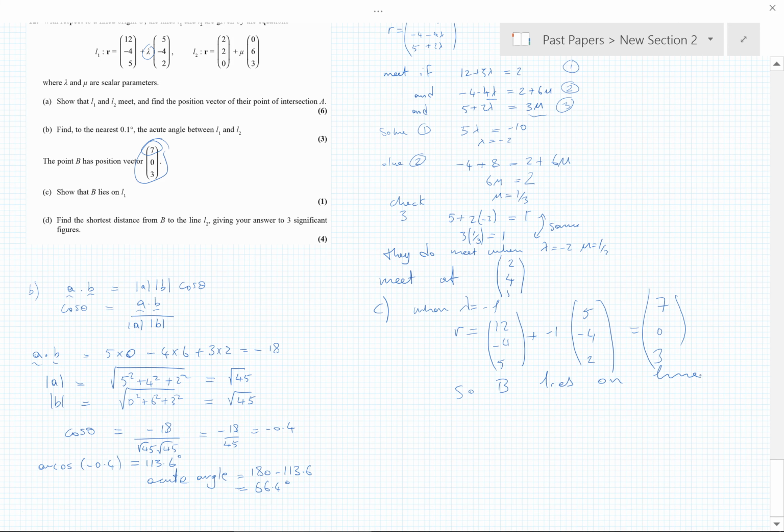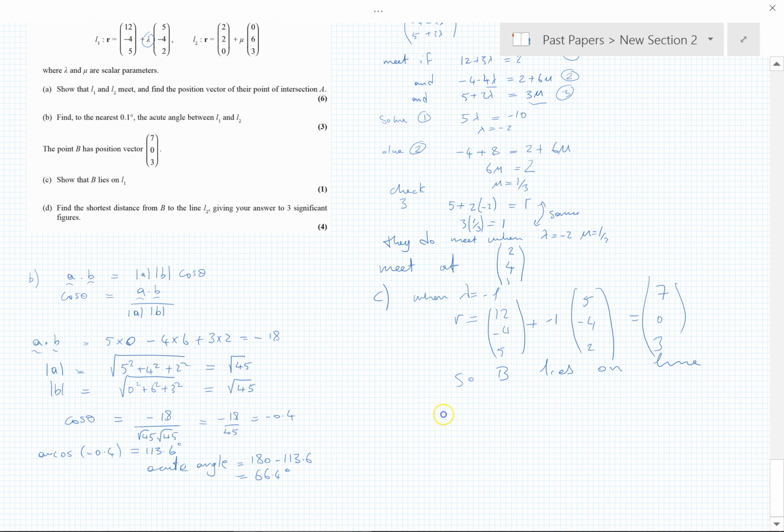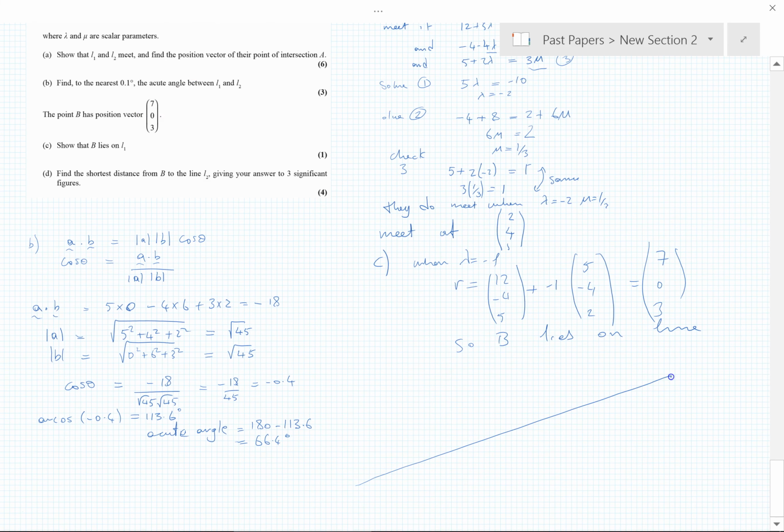Right, so part D, as I say, is going to be the challenging bit. Let's draw our two lines. A diagram is almost always necessary, I think, if not at the beginning, towards the end of these questions. Right, so let's write L1 here, L2, and we've got point B is on L1, and that's got coordinate 7, 0, 3.